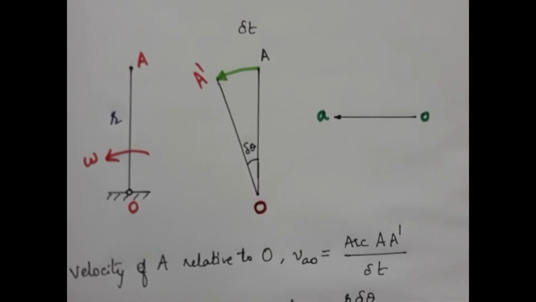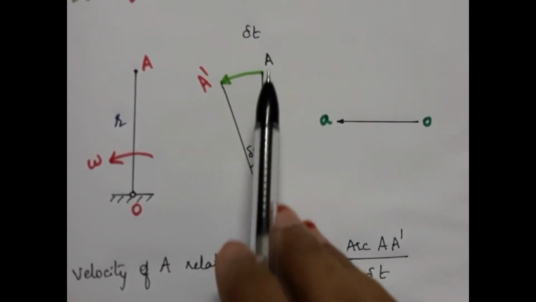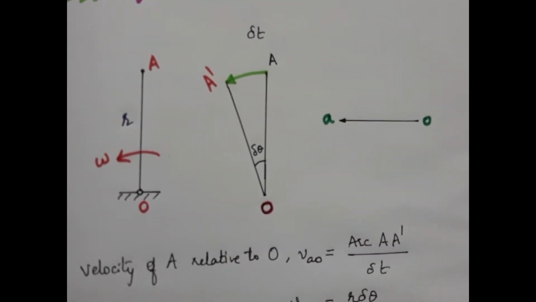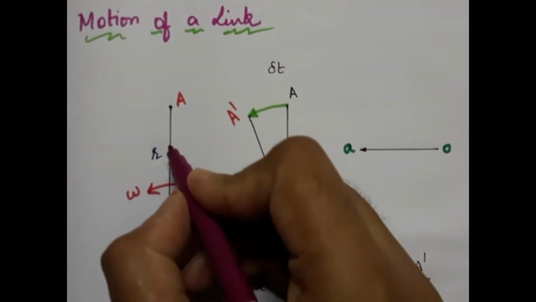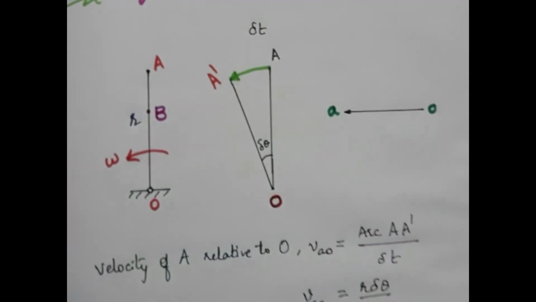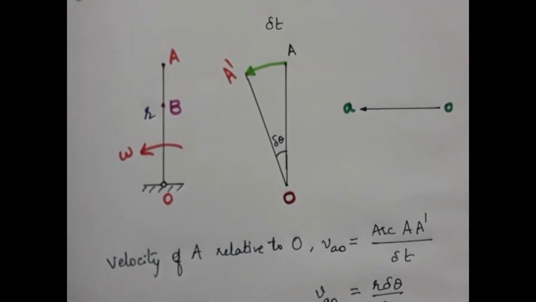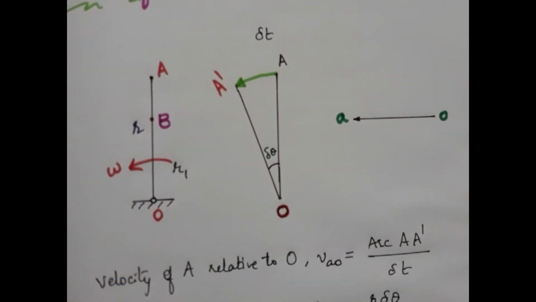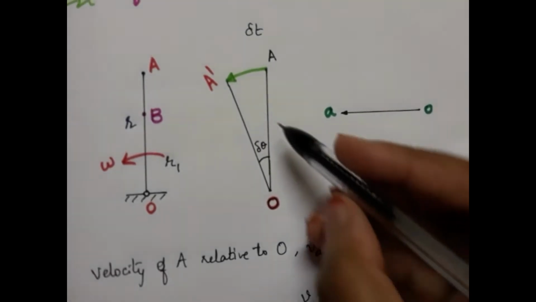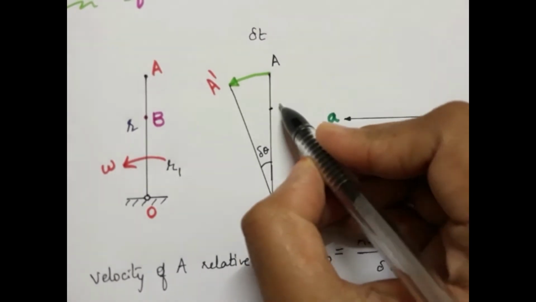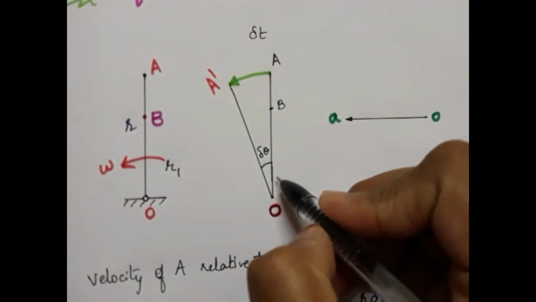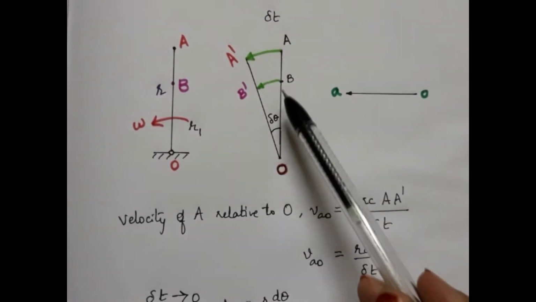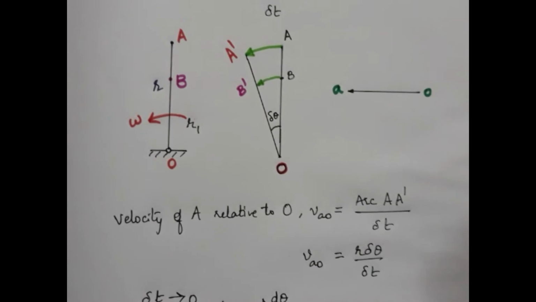Now in case we want to find the velocity of some other intermediate point on this particular link, say point B here, such that OB is of R1 length. So we can locate this B here, OB will be R1, and after delta t time B will be at B dash.